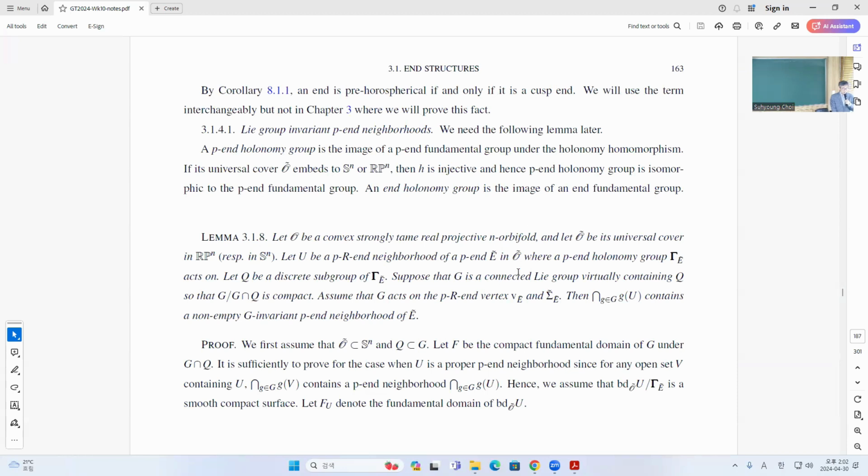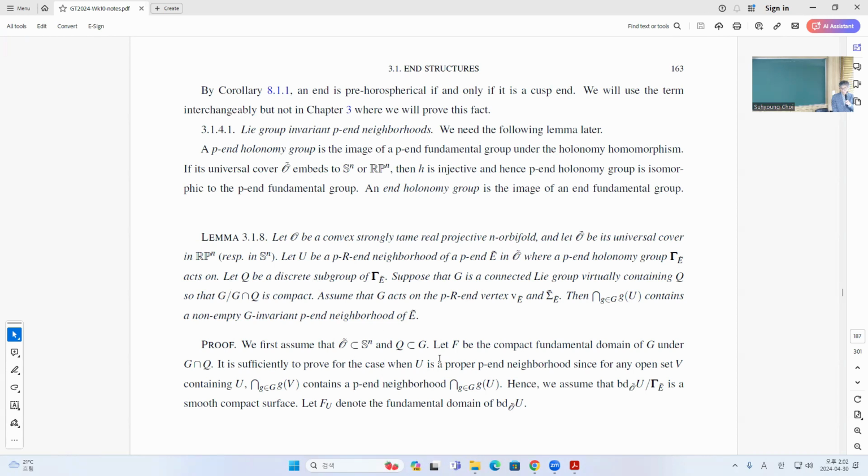And here I'm just considering when you have some group G containing this discrete subgroup Gamma tilde E, and this is compact. Then you can actually make this G act on the PN vertex, and it contains a G-invariant PN neighborhood. If there's some way to find this connected group so that this is compact, then you can always do this.